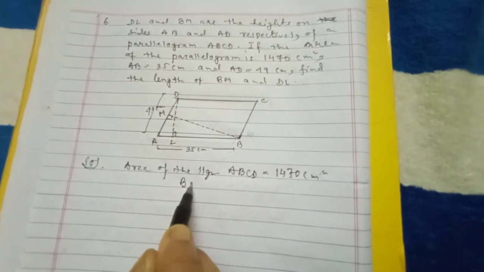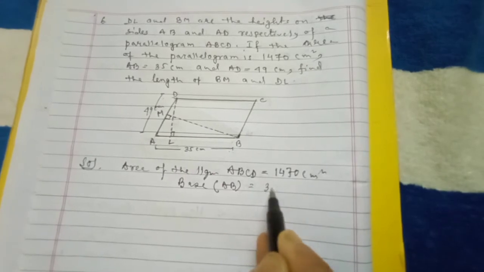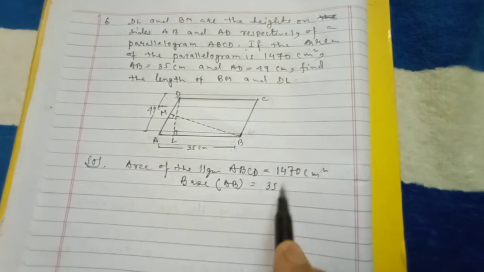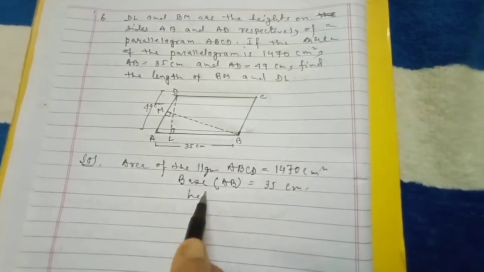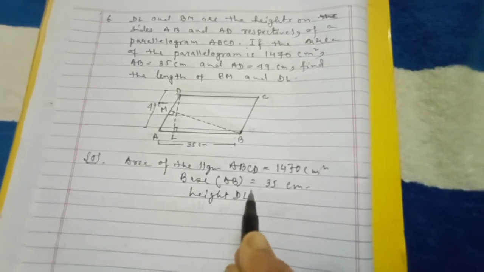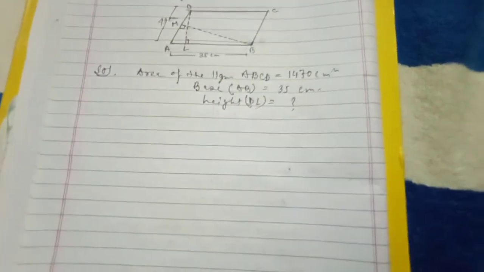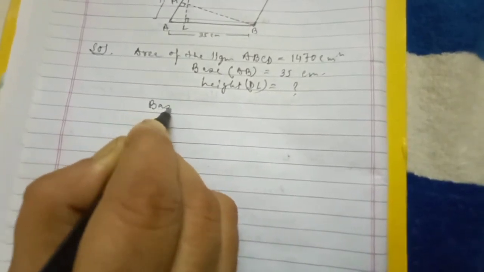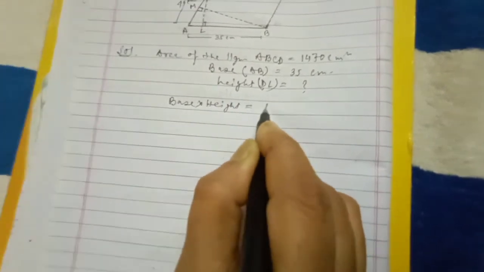Base AB is equal to 35 centimeter. When taking the base AB, the corresponding height on side AB is DL, which you have to find. Now we know that base into height is equal to the area of the parallelogram.